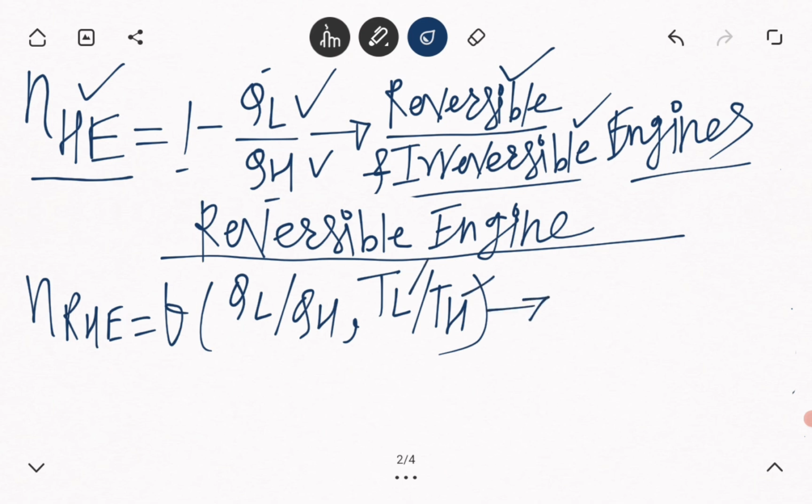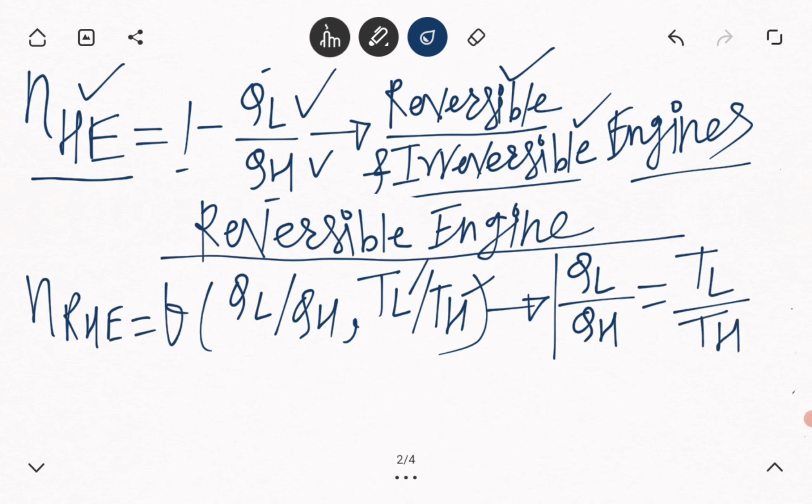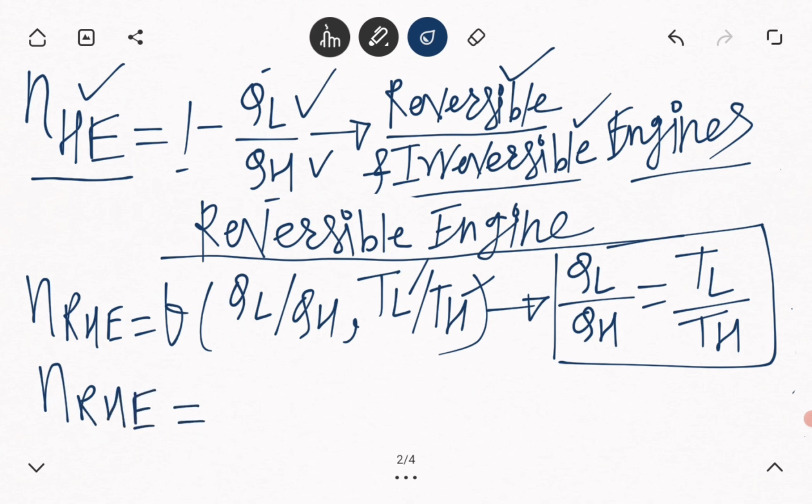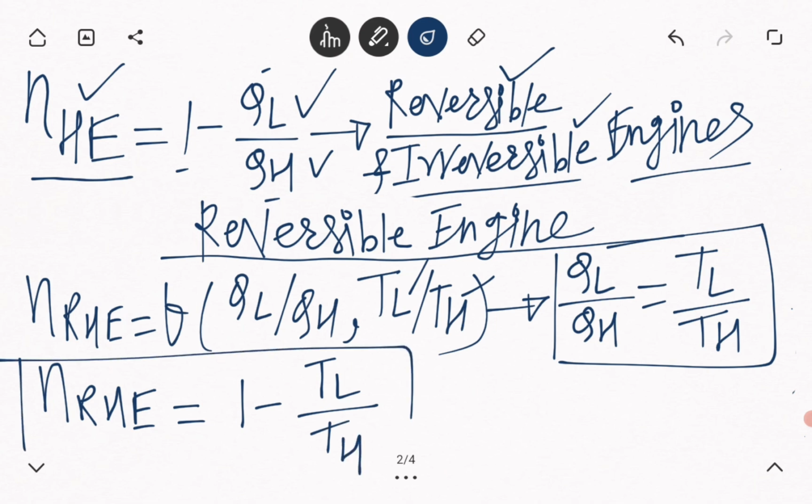So for reversible engine, I can write QL by QH is equal to TL by TH. This is only applicable for reversible engine. So efficiency of a reversible heat engine I can write as 1 minus TL by TH.